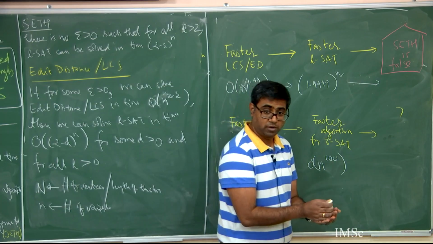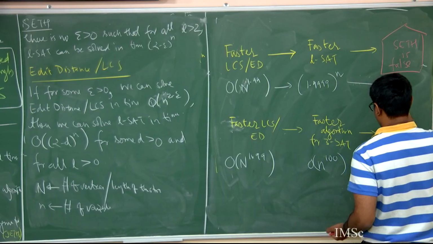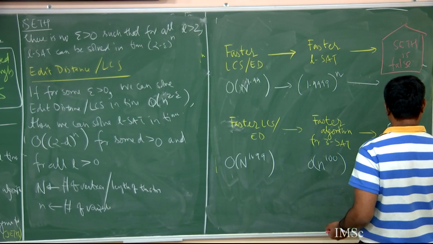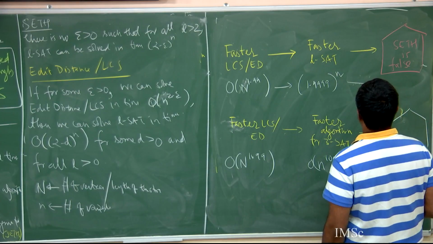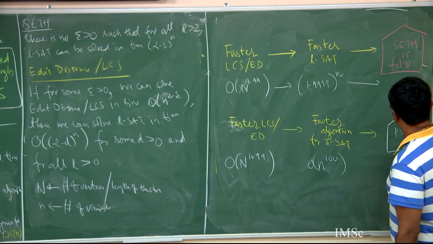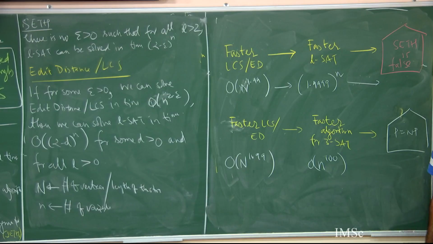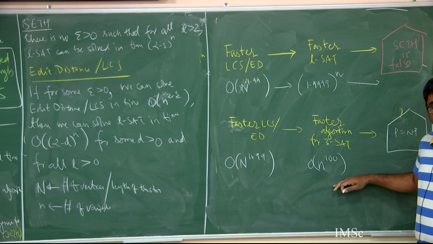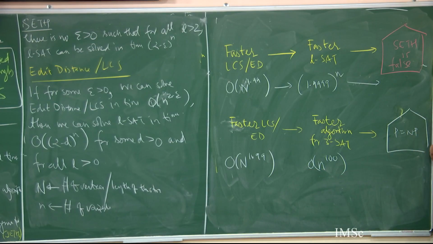Yes, then this implies SETH is false. This implies P equal to NP, right. So whatever we are able to assume will contradict different assumptions.